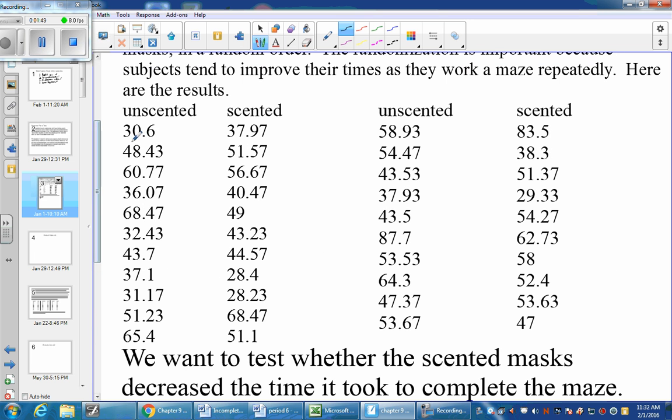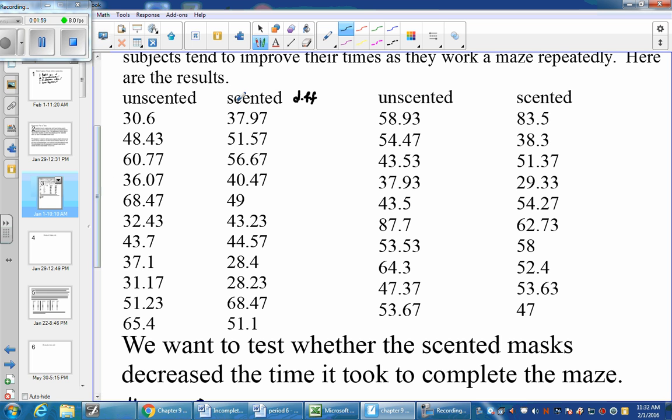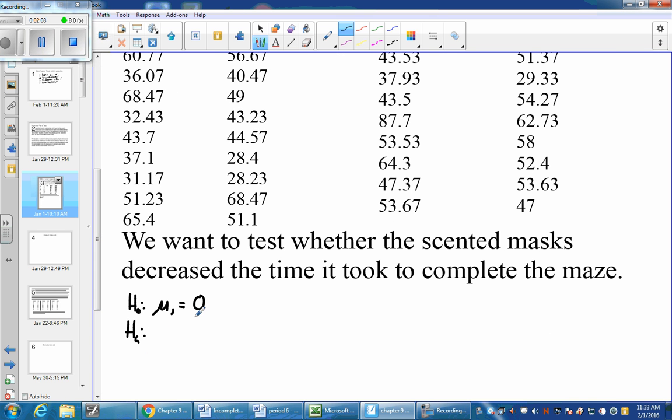These are all dependent on each other, so what we need to do is find the differences of each of these columns. We could either take L1 minus L2 or L2 minus L1, and it really doesn't matter which one, but how you do it will change what our hypothesis is here.